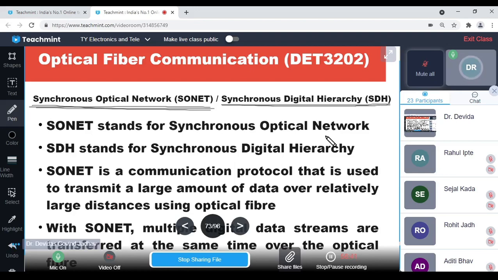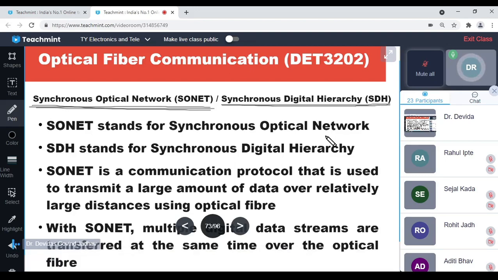Okay, so either it is called SONET or SDH, both are the same. Synchronous optical network, SONET, or synchronous digital hierarchy, SDH.